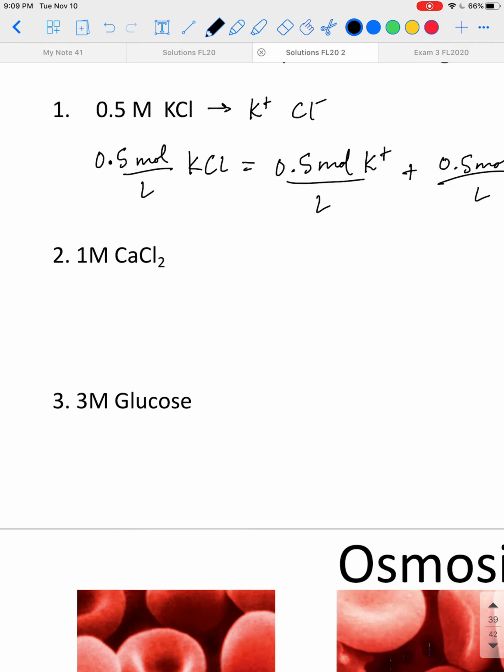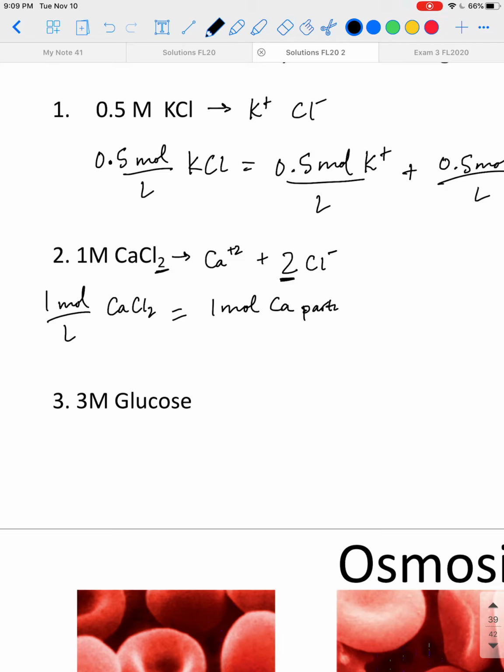All right, number 2, if we have 1 molar calcium chloride, that means we have 1 mole per liter of CaCl2. And we know this is going to break apart into one calcium cation, that is a 2+ charge, and we would get 2 chloride anions. I'm looking at the subscript here to tell me how many of those we would get.